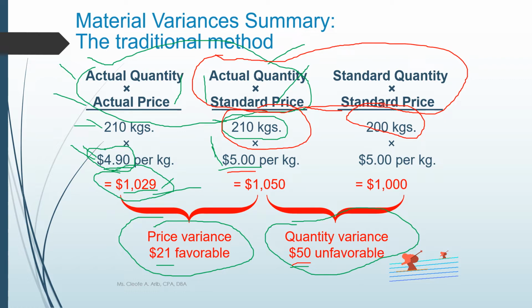Now, ma'am, if you will ask me, how did you arrive with 200 kilograms? If you go back to the previous slide, to the data given, we were told that for Glacier Peak, the standard quantity is 0.1 kilogram for every finished parka.